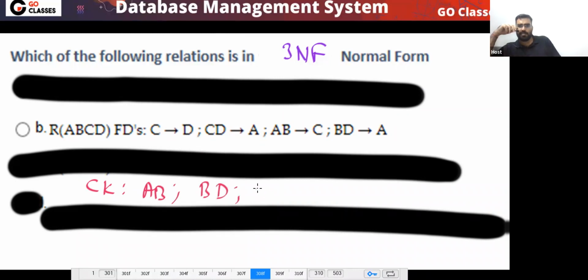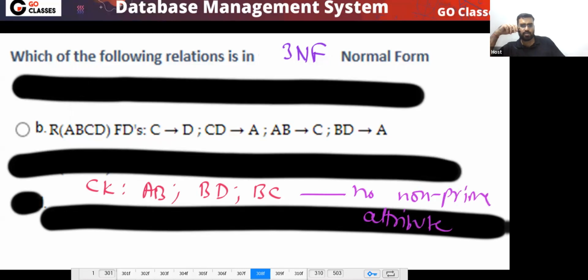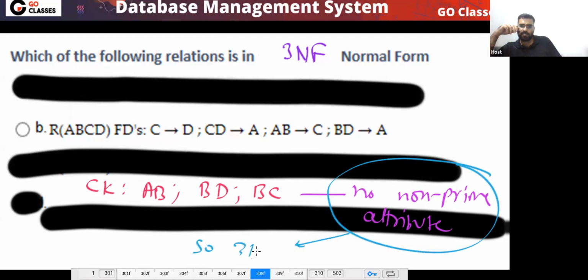BD is the candidate key. BC is the candidate key. So these are the candidate keys. So there is no non-prime attribute, right? So can we have any problem? There is no non-prime attribute, so no problem. So this is 3NF, there is no violation.